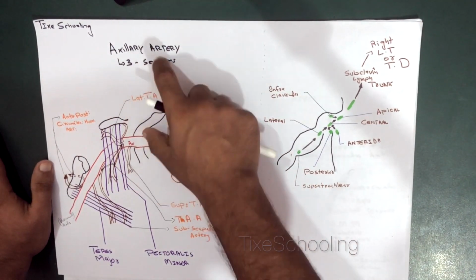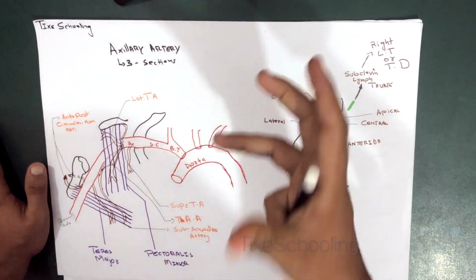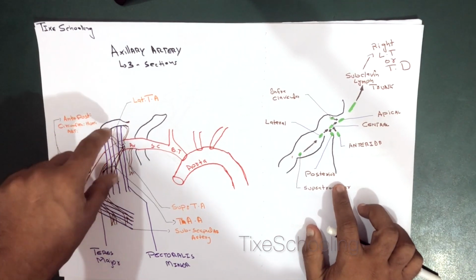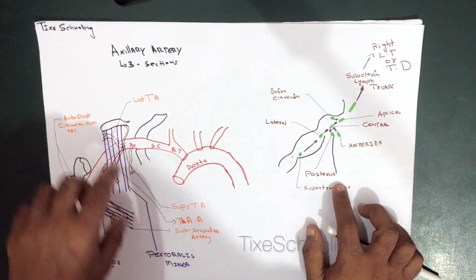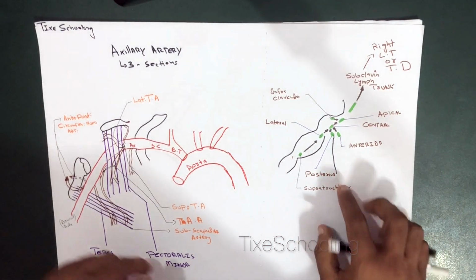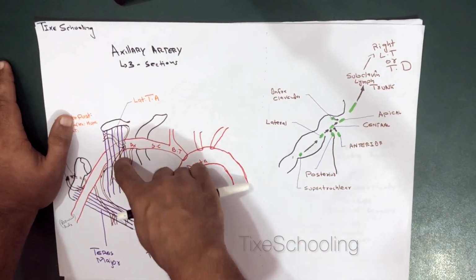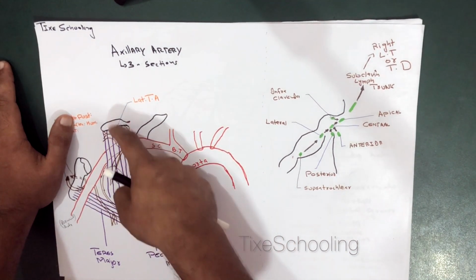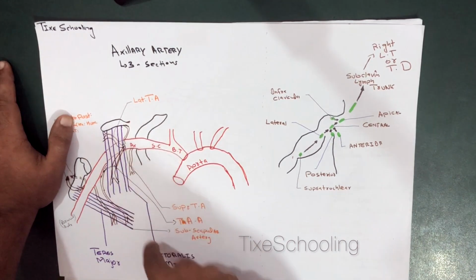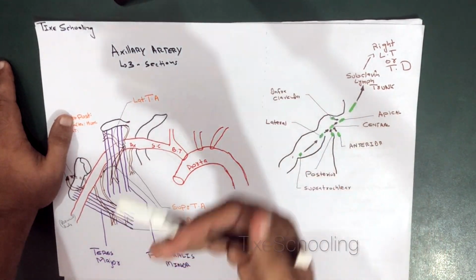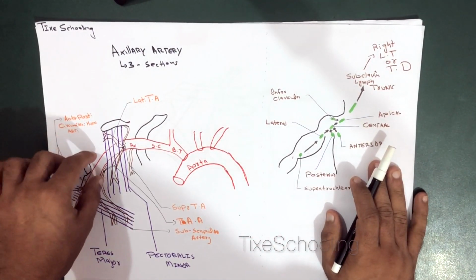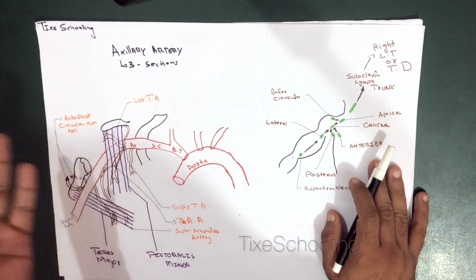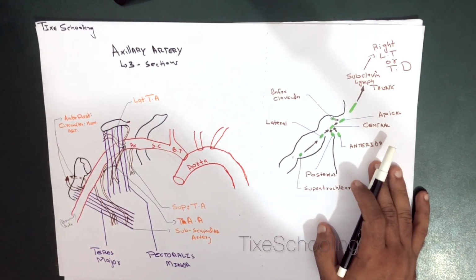There's a funny thing: if we divide it into 3 sections on the basis of the pectoralis minor, the branches arising before the pectoralis minor are the proximal branches. Other branches arising beneath the pectoralis minor we call the beneath branches. And the last section has the distal branches, which arise after the axillary artery passes the pectoralis minor muscle.